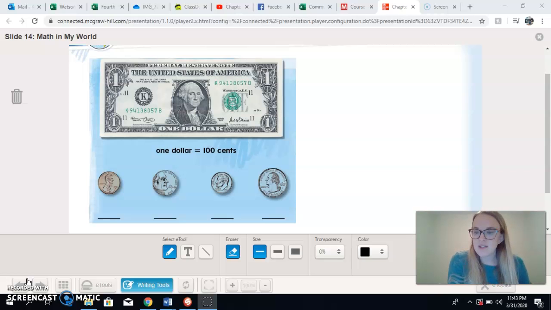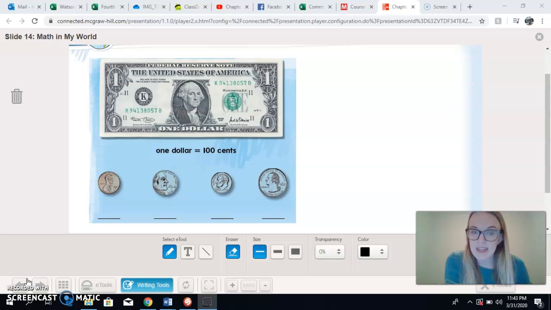Now, we have not talked a lot about dollar bills yet. We've talked mostly about coins. However, I know that we did previously talk about how many pennies it takes to make a dollar. And if you look at my screen or look at your book, underneath the dollar bill, it says $1 equals 100 cents.